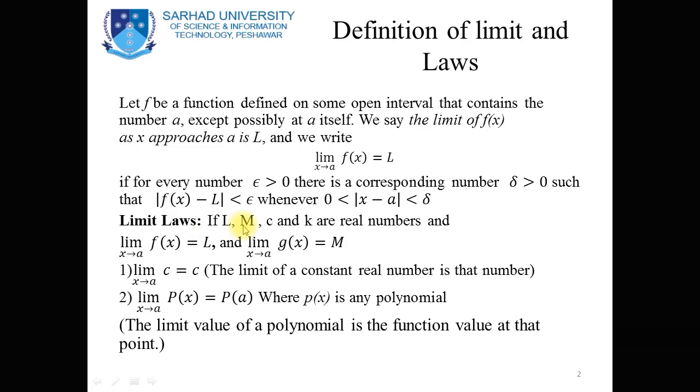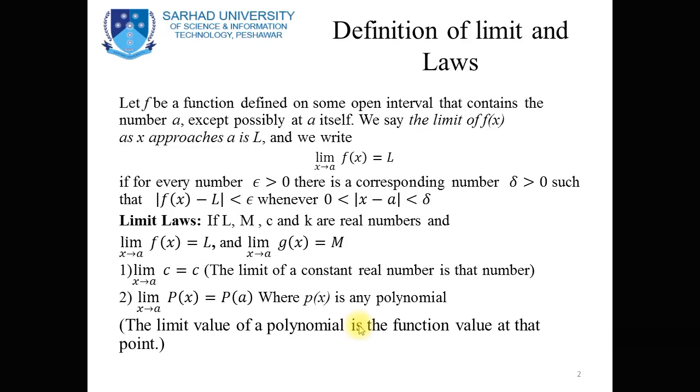If L, M, c and k are real numbers, and limit x tends to a for the function f of x is equal to L and limit x tends to a for the function g of x is equal to M, then the first law for limits: limit x tends to a for the constant c is equal to c.